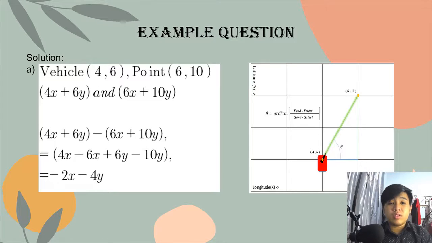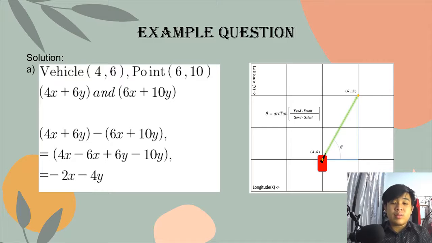So we can convert each element into a letter: 4, which is element 11, becomes x, while 6, element 12, is replaced with the letter y.